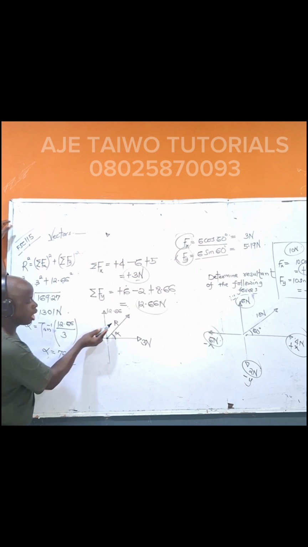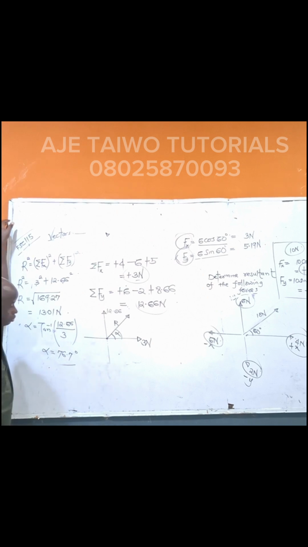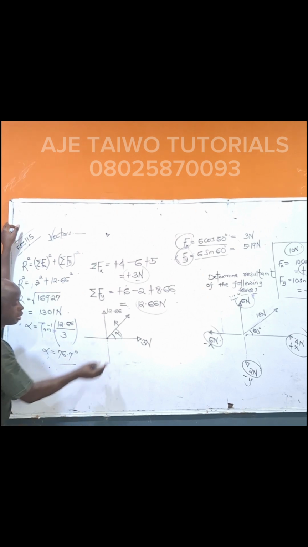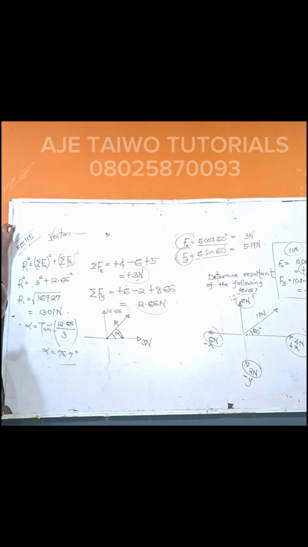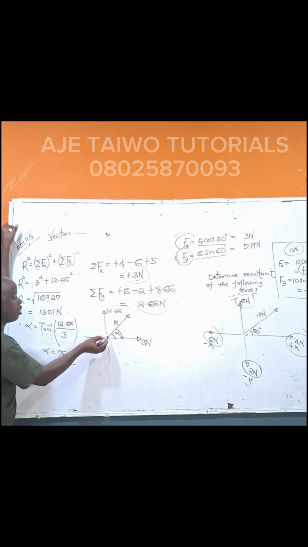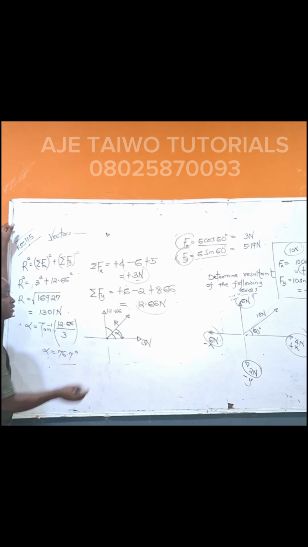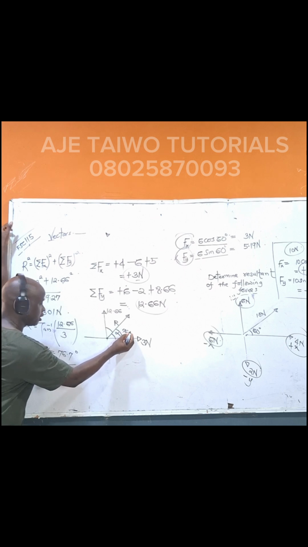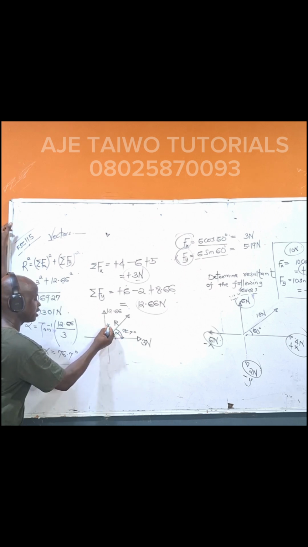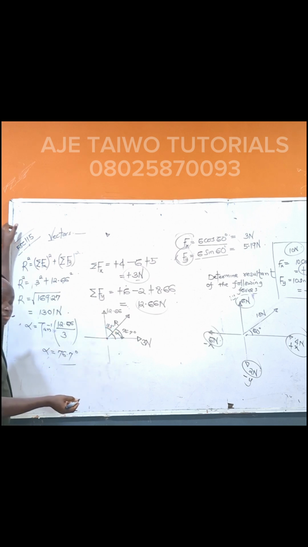Which is the angle R makes with what? With the horizontal, the 3 Newtons. What angle will it make with 12.66? Here is 76.7, here is 13.3 degrees.